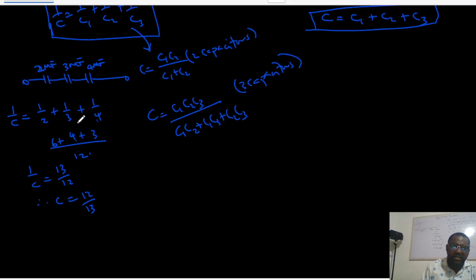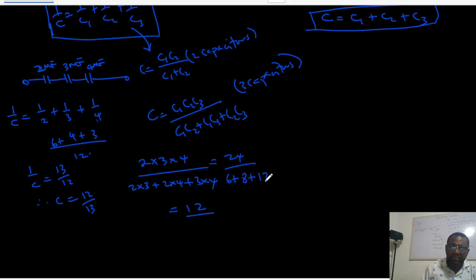So if I apply this here, it's going to be 2 times 3 times 4 over 2 times 3 plus 2 times 4 plus 3 times 4. So 2 times 3 is 6, 6 times 4 is 24, over 6 plus 2 times 4 is 8 plus 3 times 4 is 12. That is 6 plus 8 is 14, plus 12, that's 26, sorry.